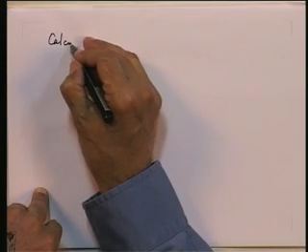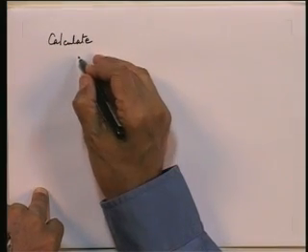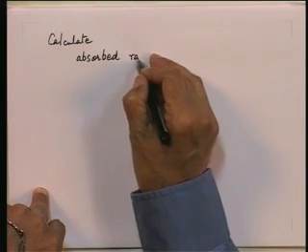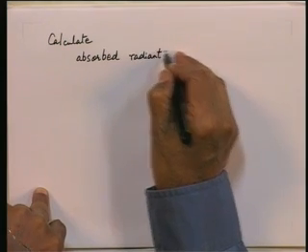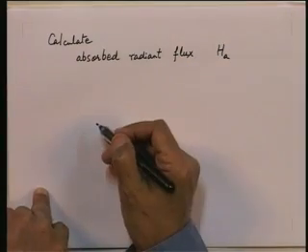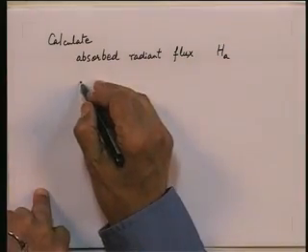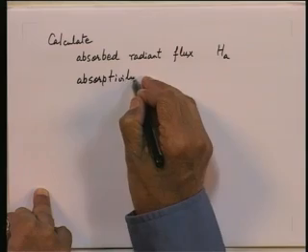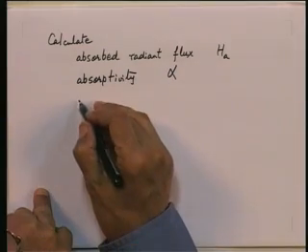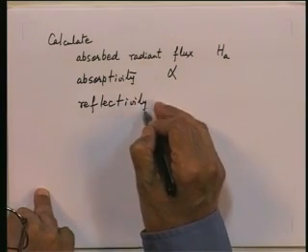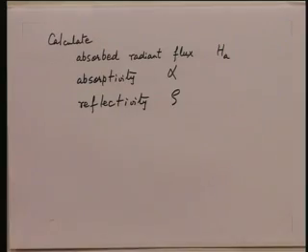Calculate the absorbed radiant flux, that is H A, calculate the absorptivity, that is alpha, and calculate the reflectivity, that is rho.